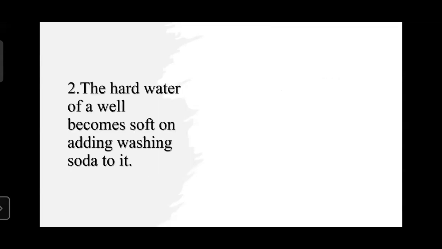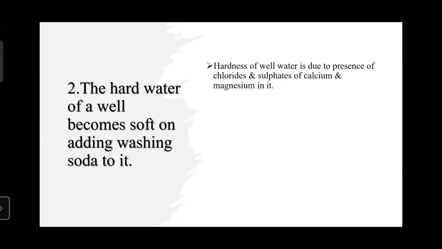Now, next question. The hard water of a well becomes soft on adding washing soda in that water. Answer. Hardness of well water is due to presence of chlorides and sulfates of calcium and magnesium in it. To make soft water, washing soda is added.